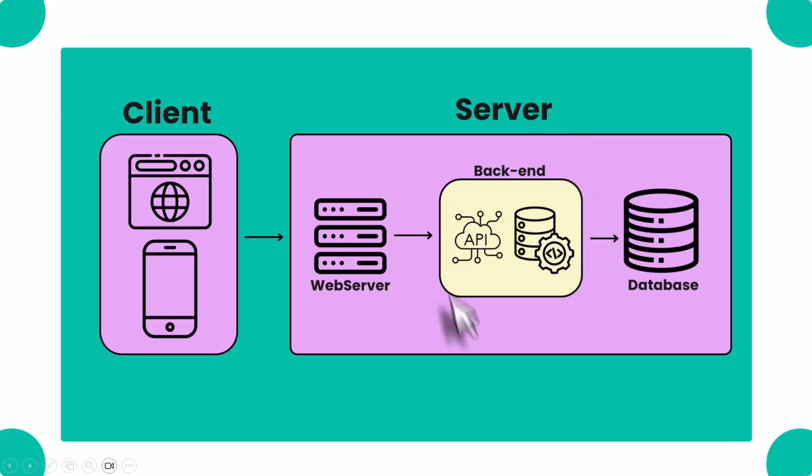So in the middle, as you can see, we have the backend, which is our main application. Also, we have a web server here. The web server is mainly like a middleman between client and server.